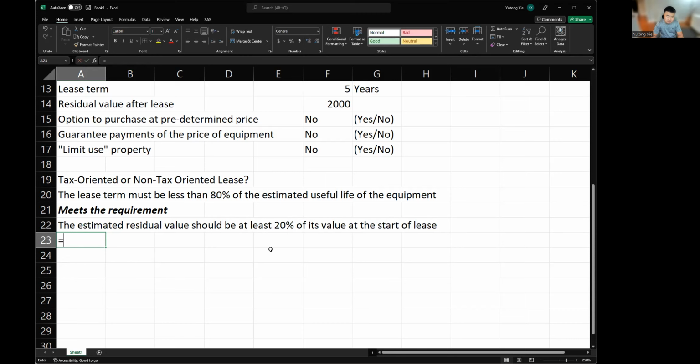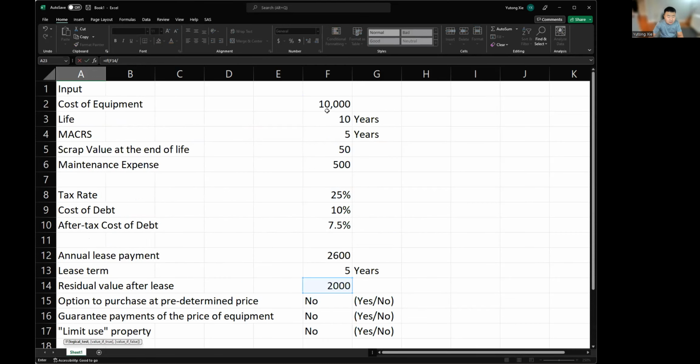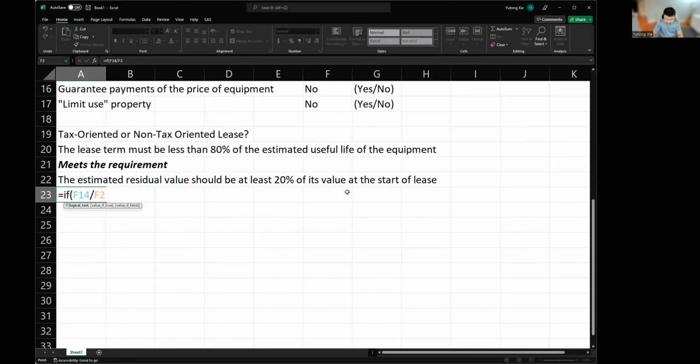So we're going to do the same thing. If the residual value divided by cost, the initial value, is greater than or equal to 20%, then we say it meets the requirement. Otherwise, we say it fails the requirement.